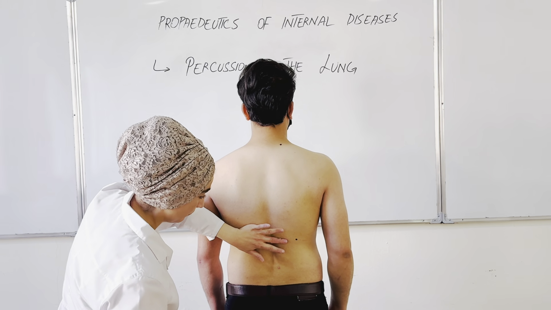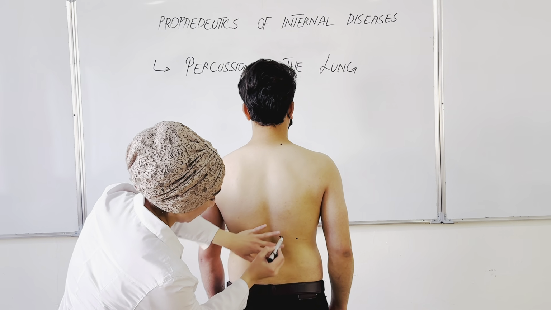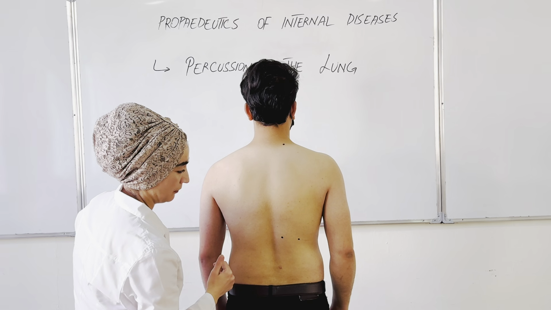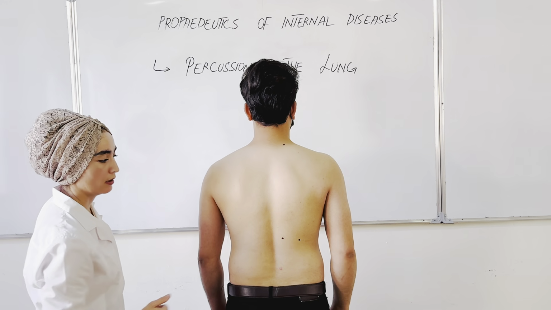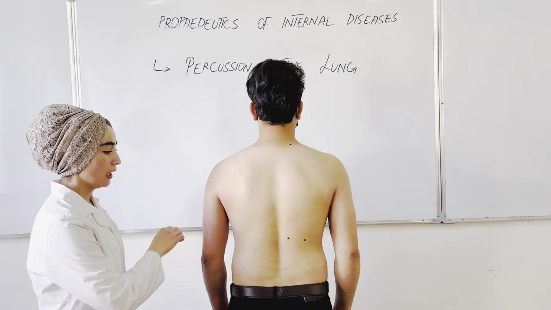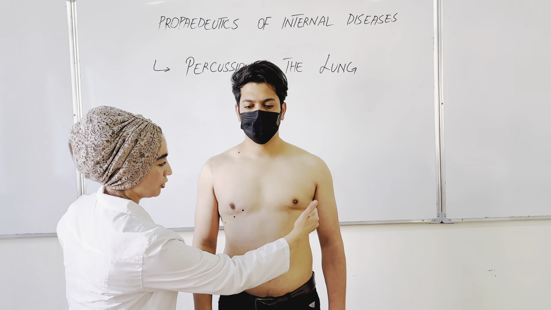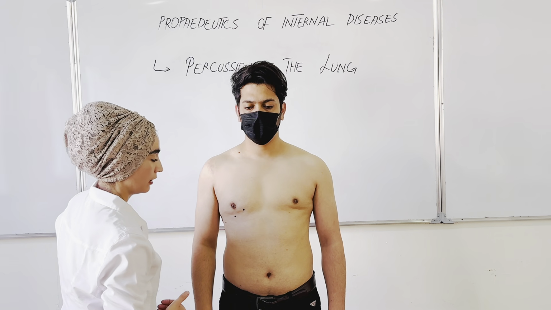Here is dull sound, at the 11th thoracic vertebra, and we have found the whole lower border of the lung. On the left side of the lower border, we start on the anterior axillary line.